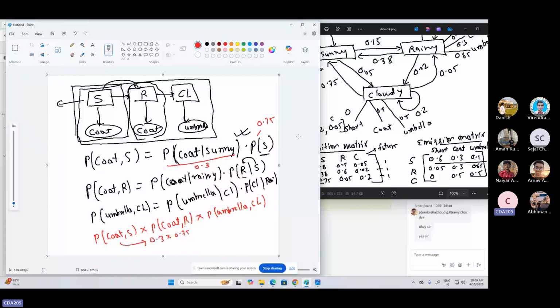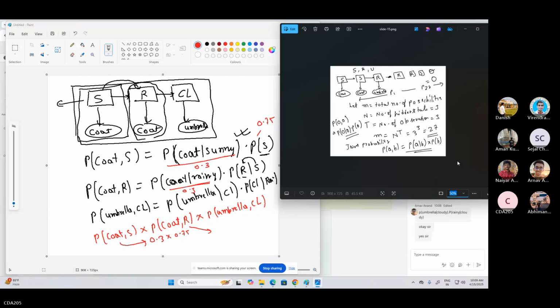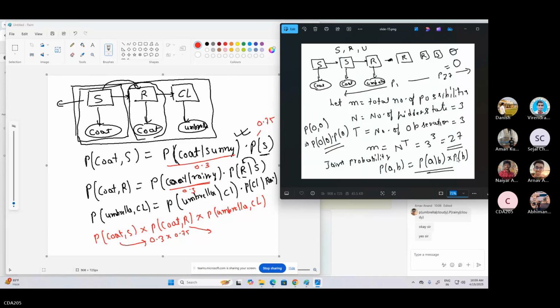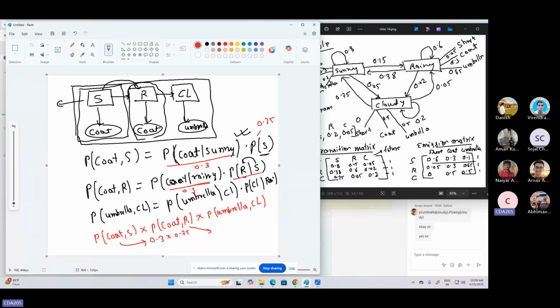Now what is this one? Coat given rainy. Rainy to coat is 0.3, and sunny to rainy, you can see from here, is 0.15.